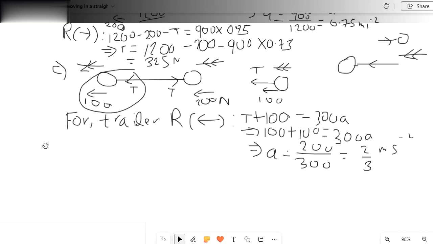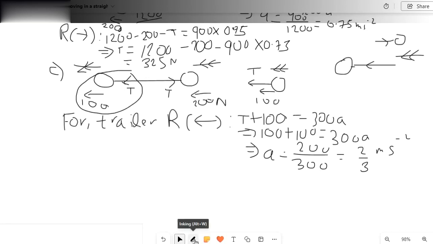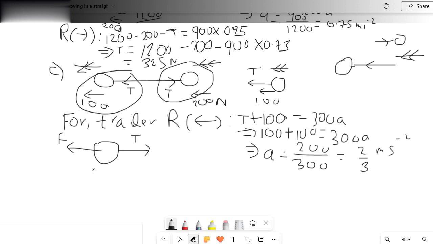So now we have to find out the braking force of the car, and considering the motion of the car itself, here we have the force F, and this is the thrust T as illustrated in this diagram. And as usual, this is the resistive force, which is 200, and the acceleration is to the left.